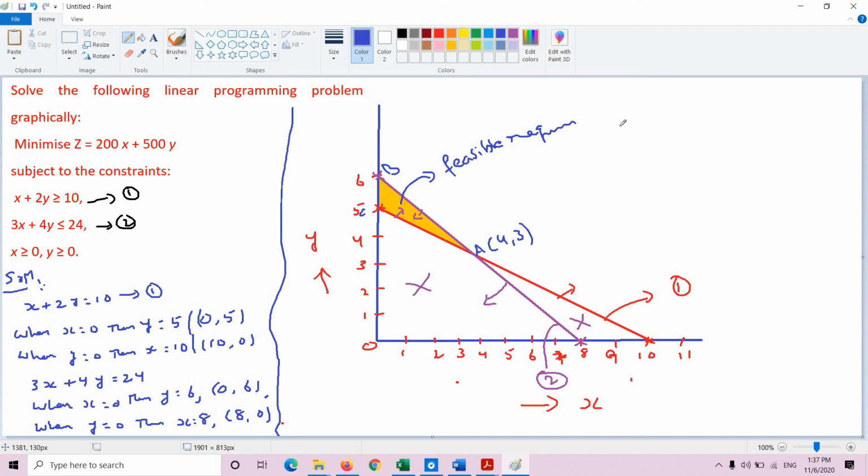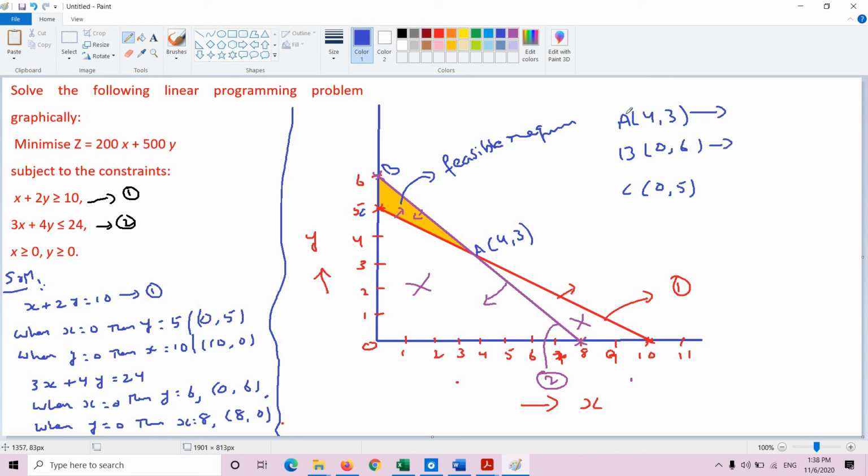Okay. Now we move to calculating the Z value. A is the point 4, 3, B is the point 0, 6, and C is the point 0, 5.